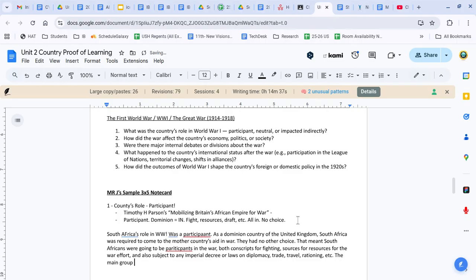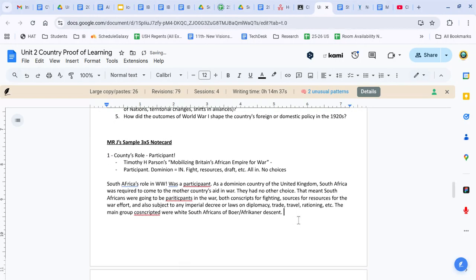The main group conscripted were white South Africans of Honor descent. Right? So here we go.